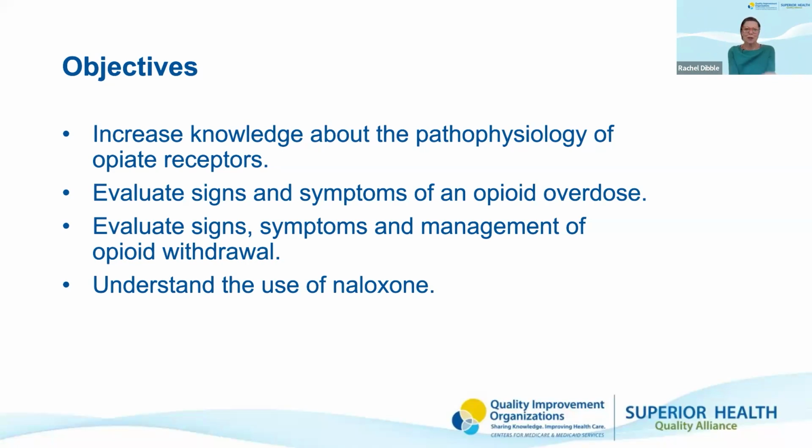So we'll go in now with the objectives. Increase knowledge about the pathophysiology of opiate receptors, evaluate signs and symptoms of opioid overdose, evaluate signs and symptoms and management of opioid overdose, and understand the use of naloxone.